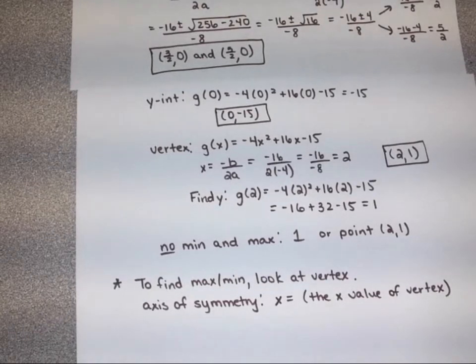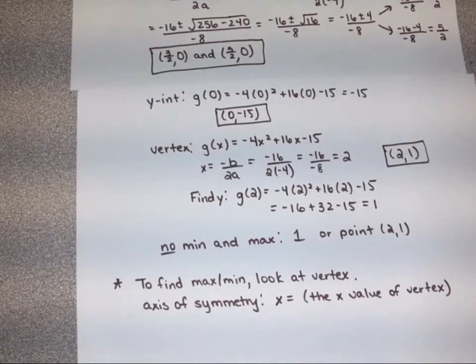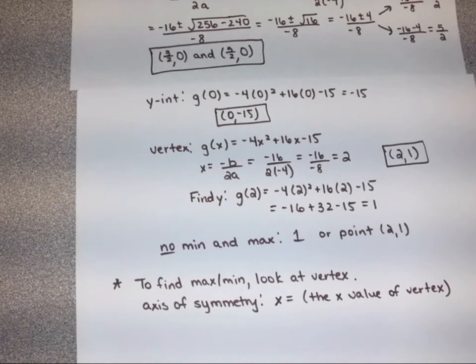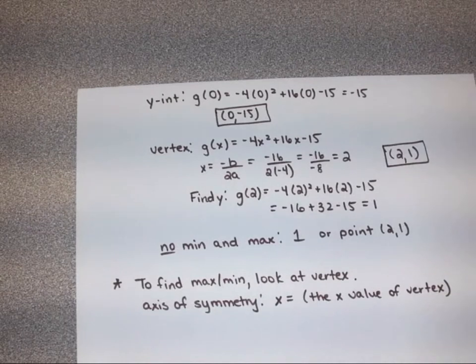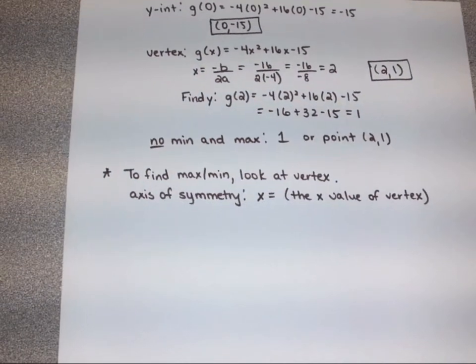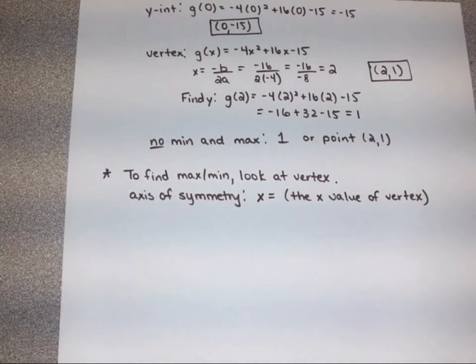In the example we just finished, it would be x equals 2. So it's just x equals and then pull the x value from the vertex itself. I don't want to spend too much time on that because, to be honest, if you have the vertex, you have really what you need to find max or min or the axis of symmetry.